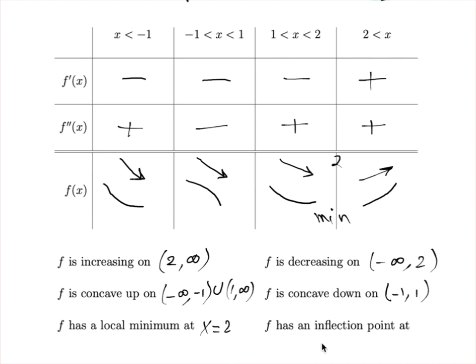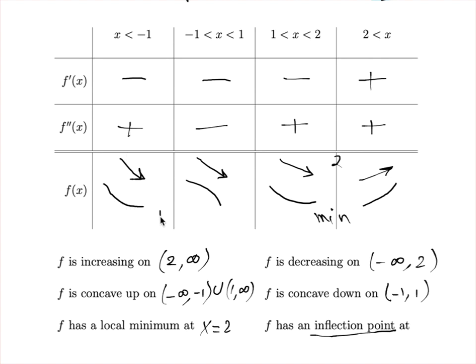F has an inflection point. What is an inflection point? An inflection point is where the concavity changes. So the same role a local minimum or maximum plays for f prime, an inflection point plays for f double prime. That's where the f double prime changes sign. So the concavity changes. And there is one here. This is concavity upward, downward.